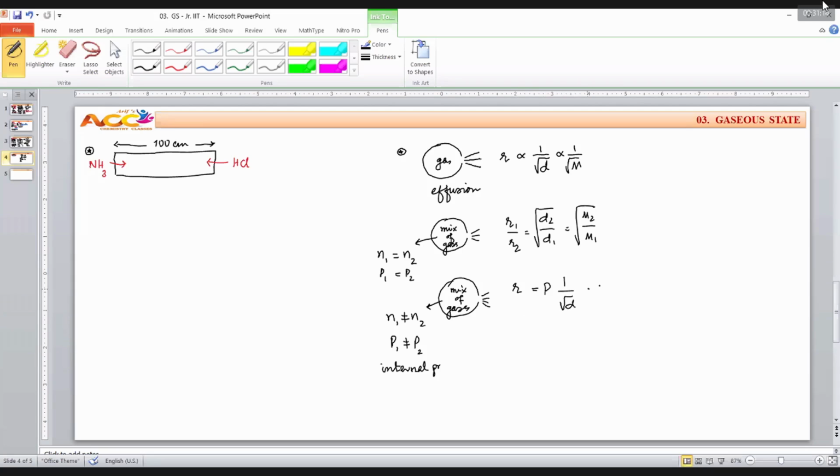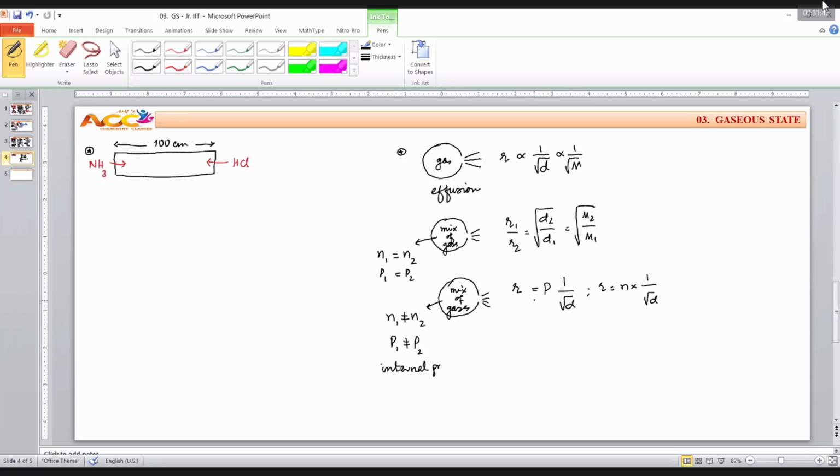It also depends upon the number of moles in the vessel. If more number of moles, more amount of diffusion, directly proportional. Therefore, the modified form of Graham's law of diffusion can be given as rate of diffusion is directly proportional to pressure, not outside pressure but inside pressure, and inversely proportional to root of density.